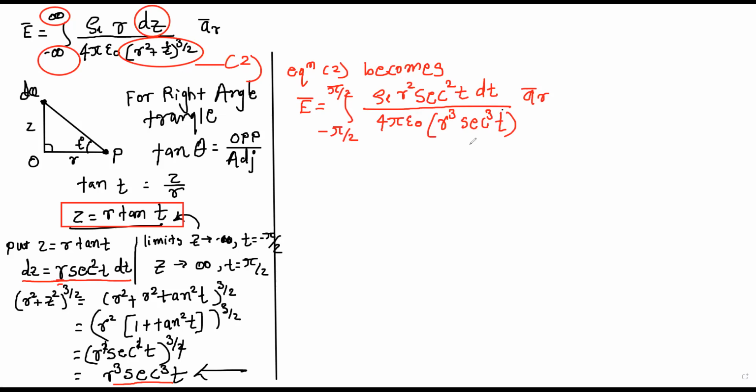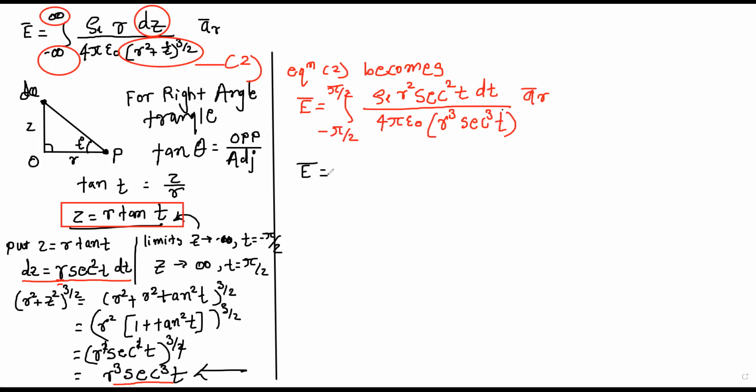Yes, sir. Now, what things are going to be cancelled here? R square sec square t is going to be cancelled. So we can cancel those numerator denominator terms. So what would remain, that I will write here.